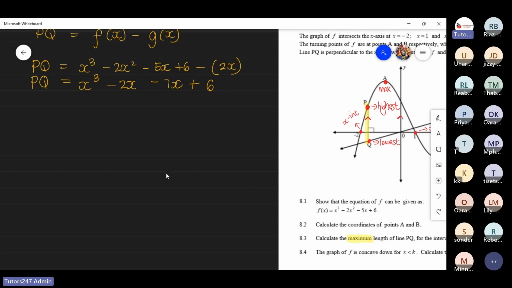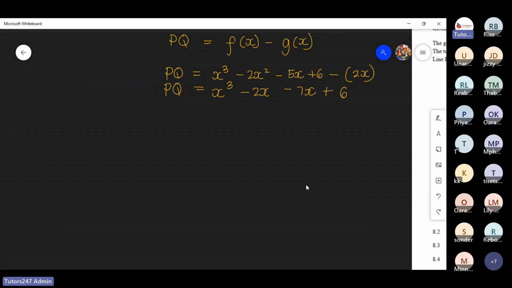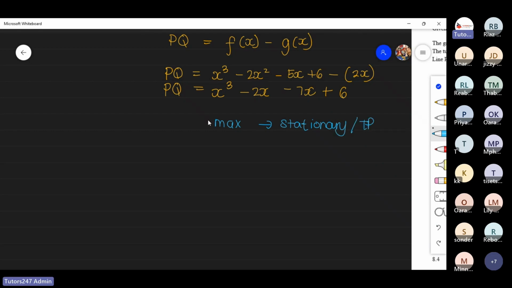So we have the equation PQ, and from this equation, we need to identify the maximum length of PQ. So take note the use of the word maximum. That refers to your stationary points or your turning points.